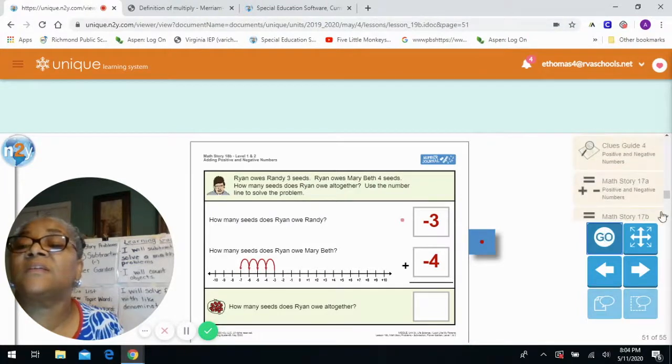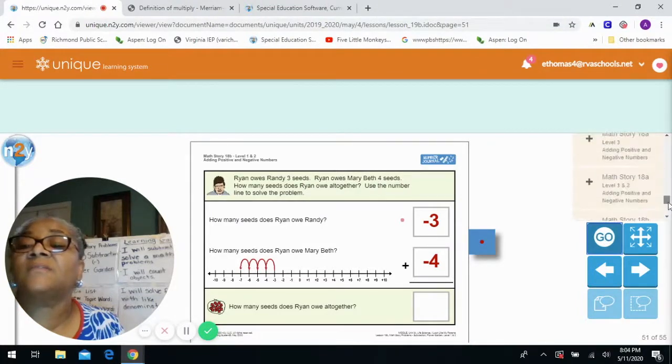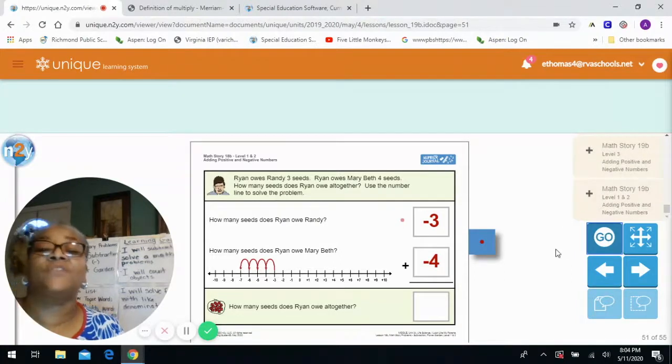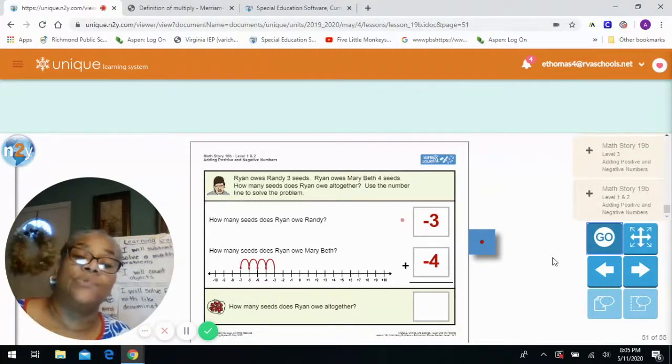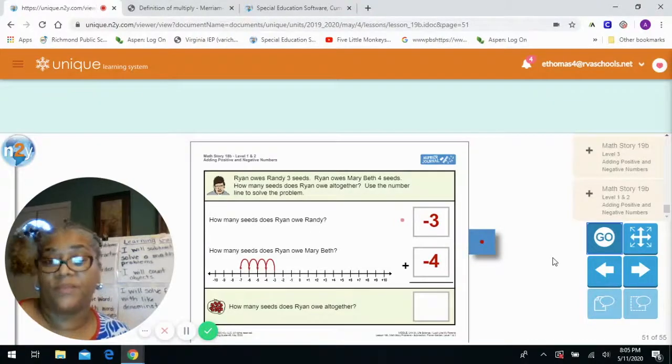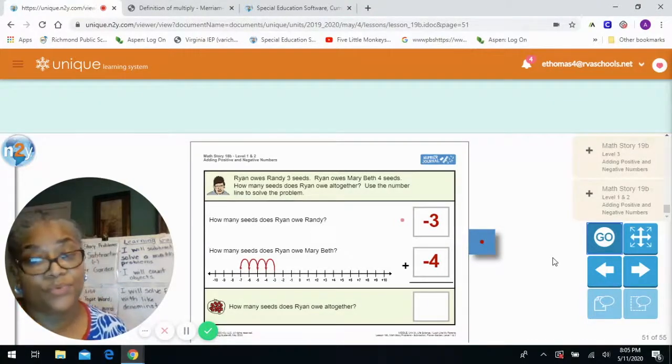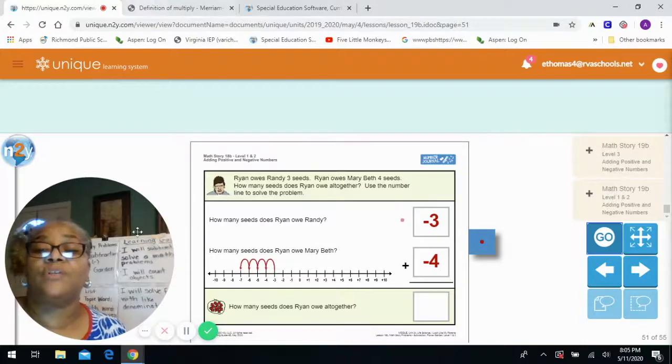All right, so there we go. So we have done our integers. All right, remember when it's a negative plus a positive, it goes to 0. All right, when the symbols are the same, you do whatever your operation is, whether it's to add or subtract.